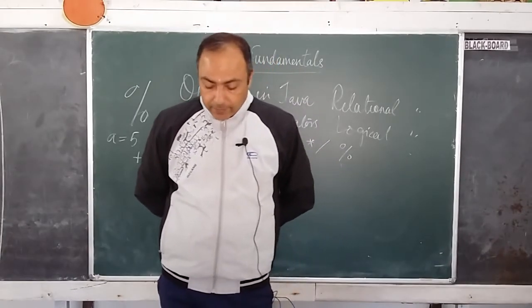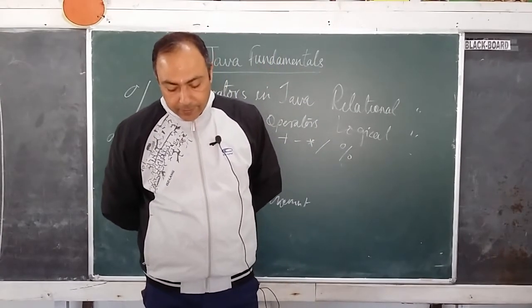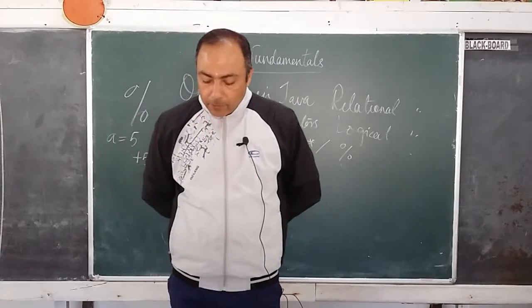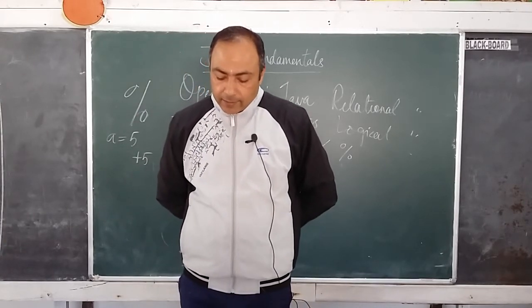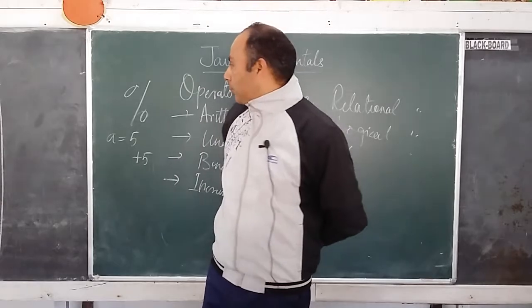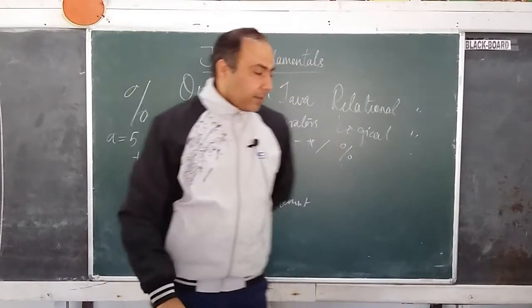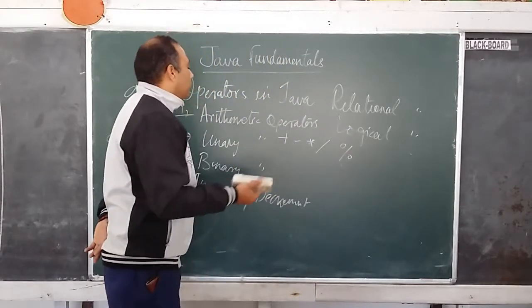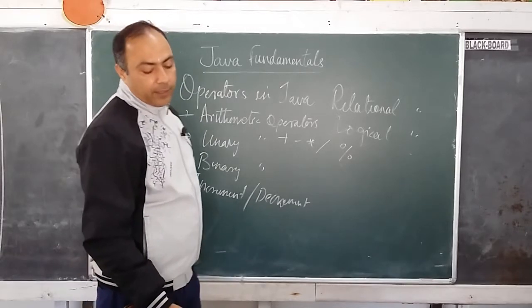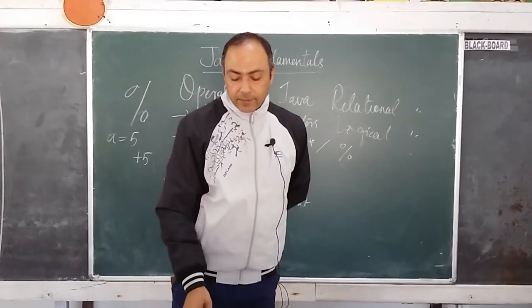This is the unary operator. Operators that act on one operand are referred to as unary operators. So unary operator means that it uses only one operand.